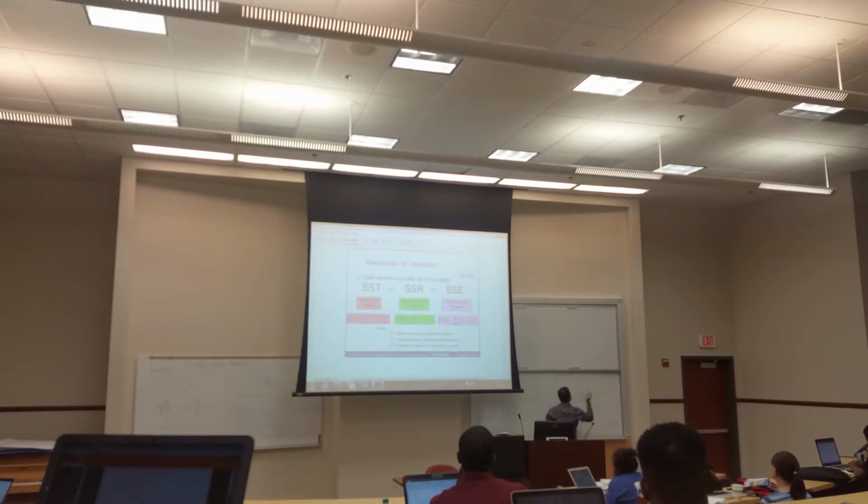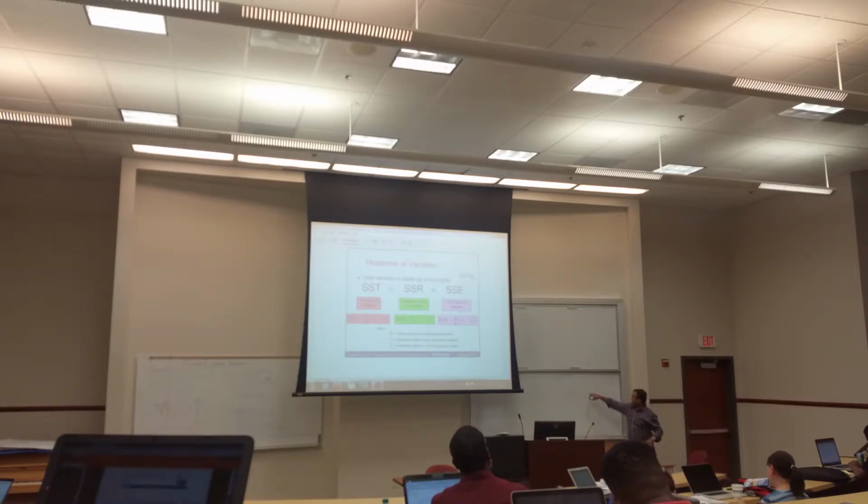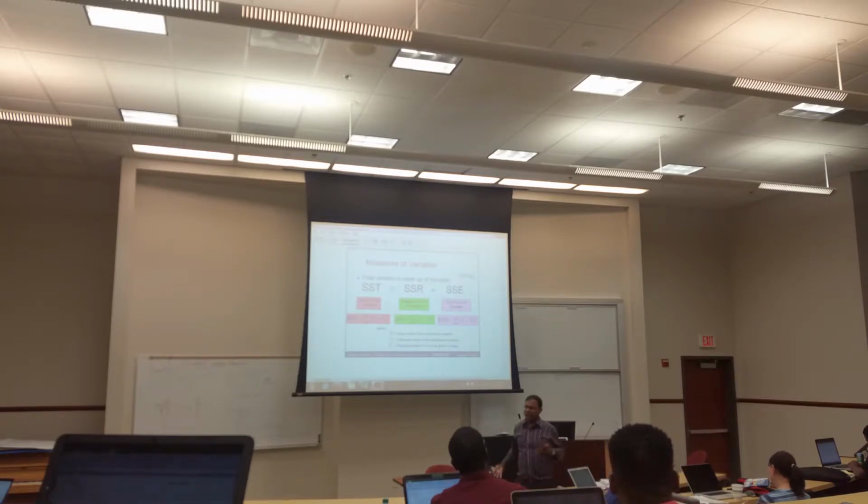The question is, is my orange line improving on the green errors? Are the errors from my fitted line better than what I would have with no x's at all? That is the measure we do.